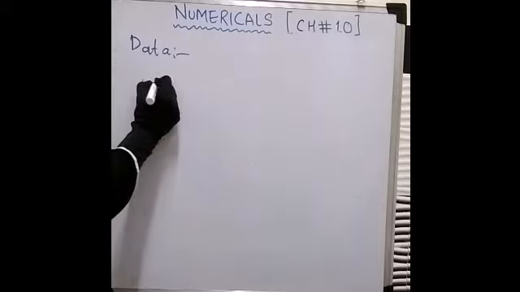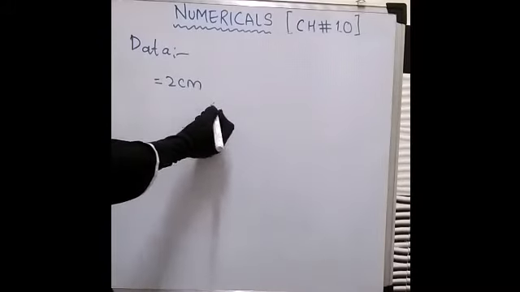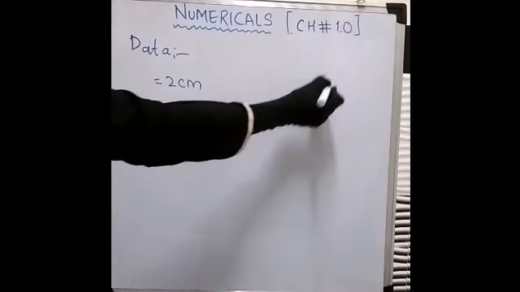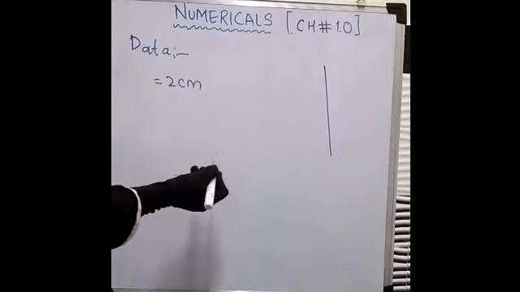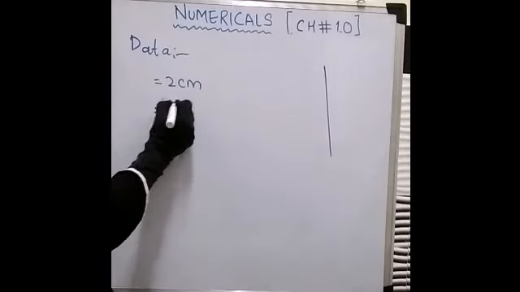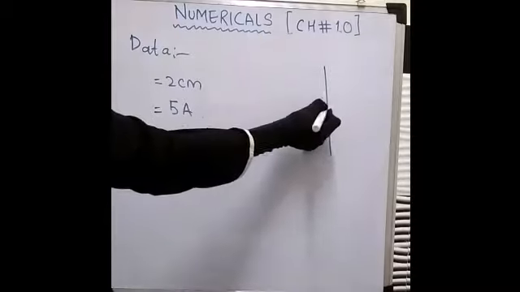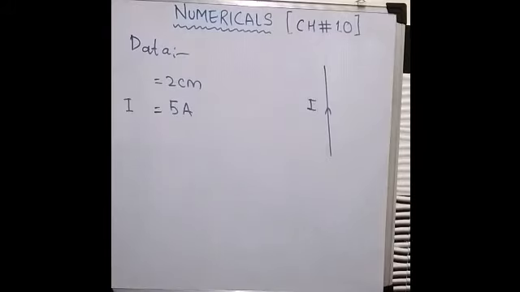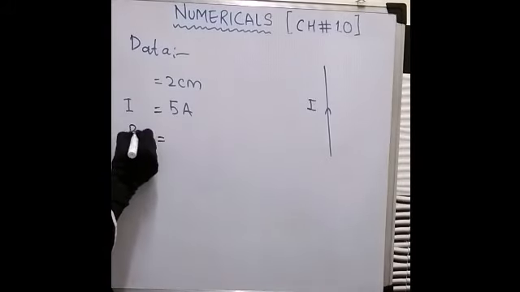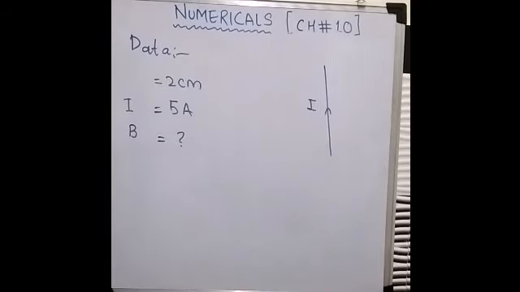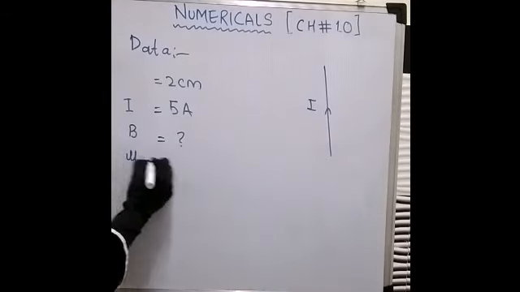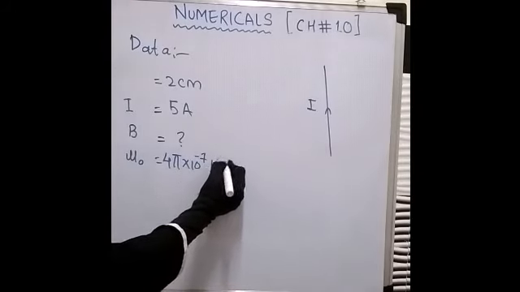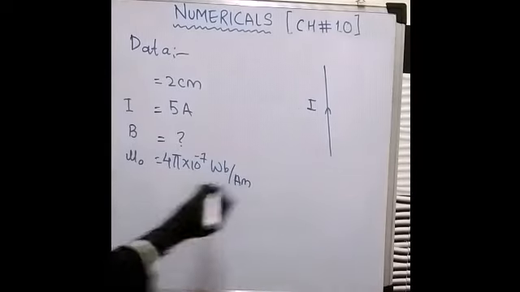At a distance of 2 centimeter from a very long straight wire carrying a current of 5 ampere, that is I is equal to 5 ampere, and as we have to calculate the magnetic field, B is to be calculated, and here you have been given mu naught as 4 pi into 10 raised to minus 7 Weber per ampere meter.